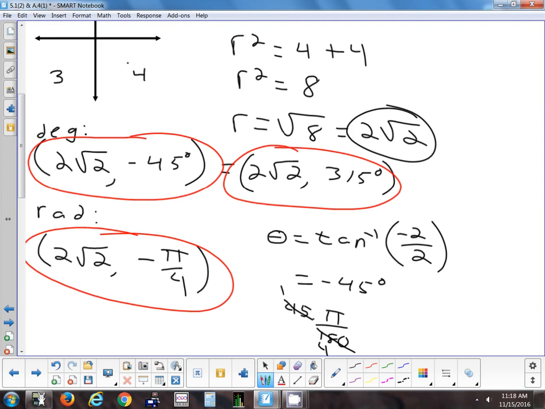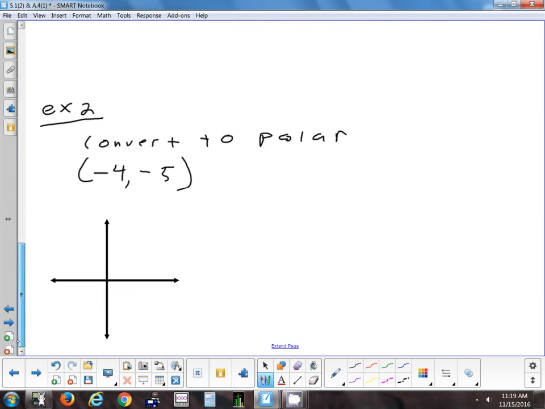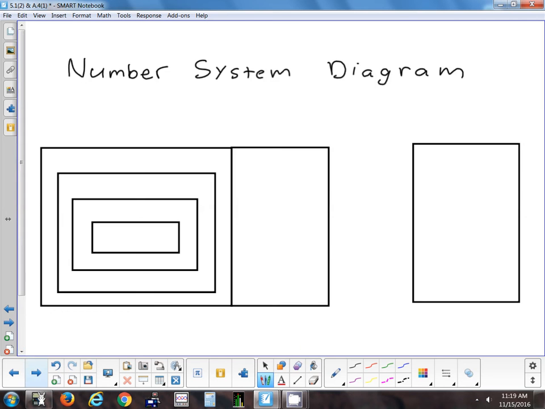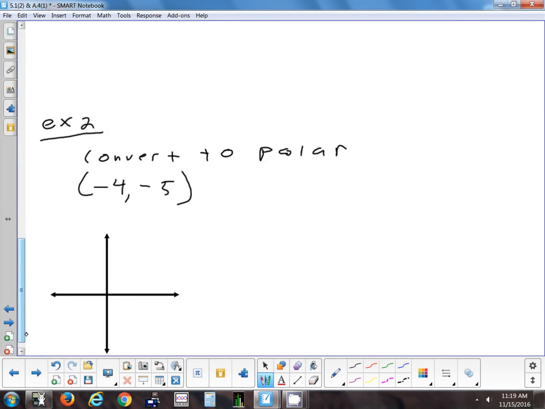If the book doesn't ask, I don't care which answer you write it in. Just be familiar with the other ways to write it. Okay, so any questions on that one? All right, let's try one more of those, and then we'll move on to our last section.